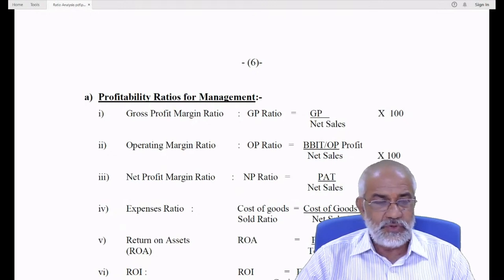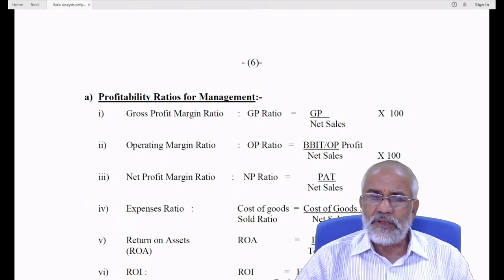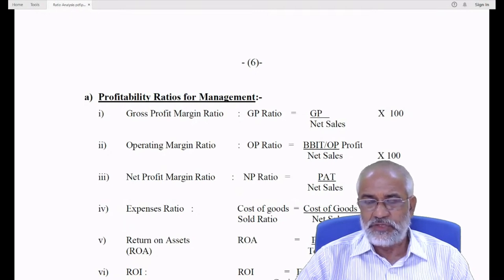Cost of goods sold means opening stock plus purchases plus direct expenses minus closing stock. That would be the cost of goods sold. There is another way of determining the cost of goods sold: sales minus gross profit is also the cost of goods sold.